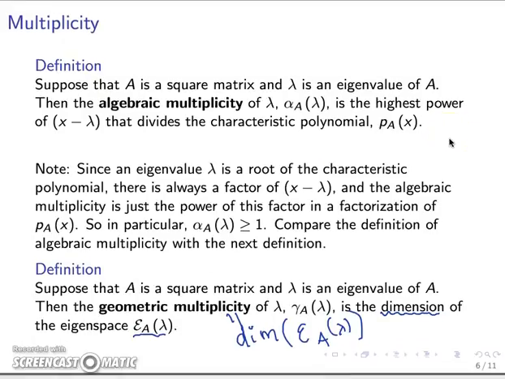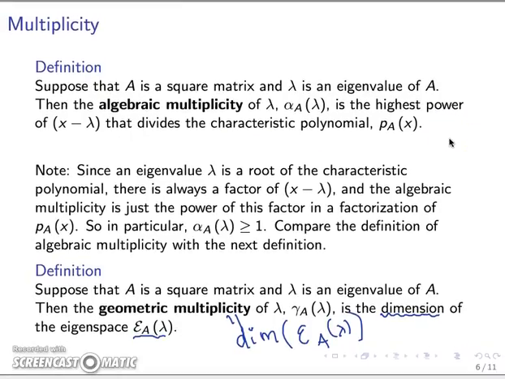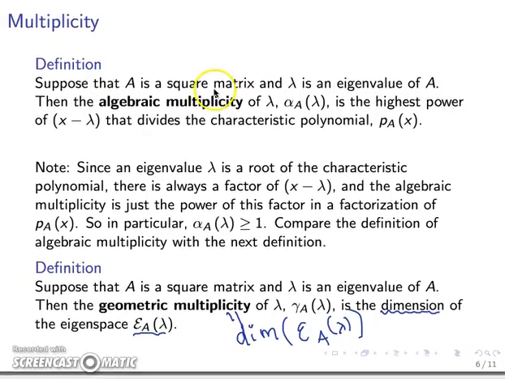The last thing we discussed involved the definition of multiplicity. There is algebraic multiplicity, which involves a power of a factor in the factorization of the characteristic polynomial. And then there is also the dimension of the eigenspace, which is commonly referred to as geometric multiplicity.